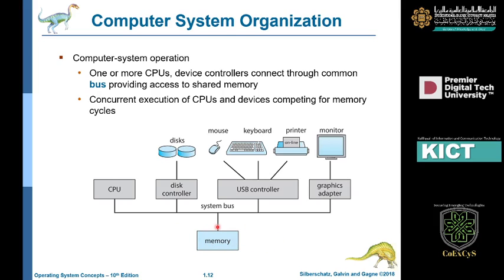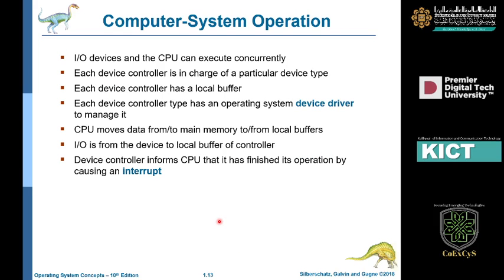If you look into these systems today, the CPU and multi-core CPUs, the controller, USB controller, and graphic adapter are all competing, trying to access memory and transfer data through the system bus. So it has to be managed in a way, and we'll see how these things work together.